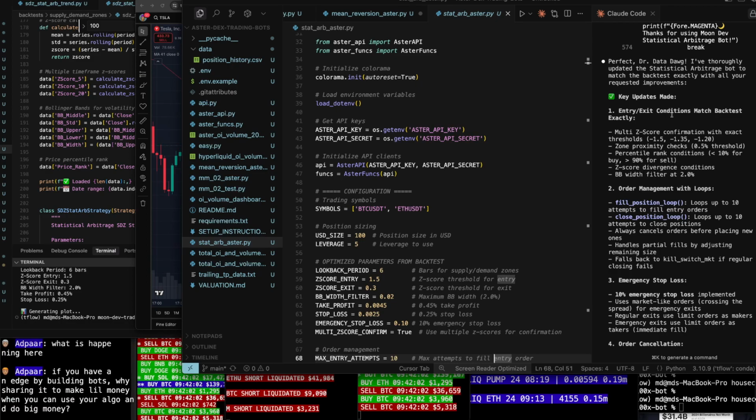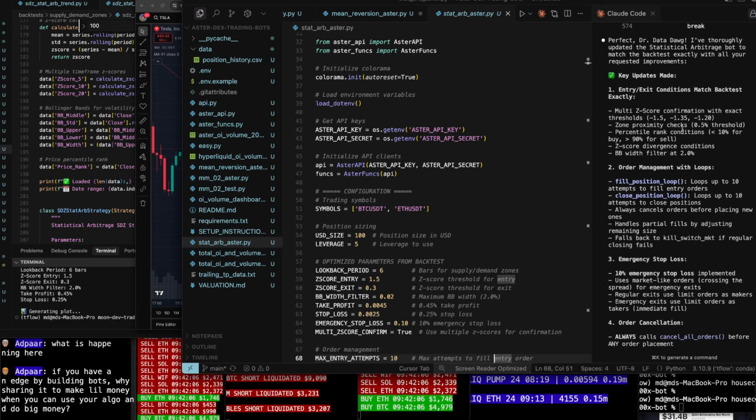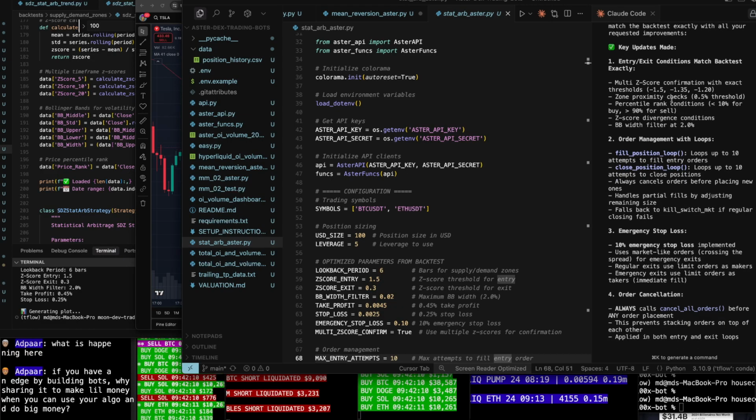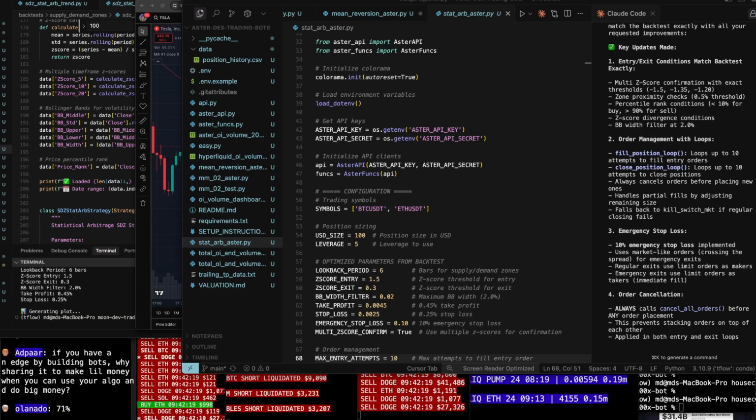Entry and exit conditions match backtest exactly. Multi Z-score confirmation with exact thresholds. Zone proximity checks, 0.5 threshold. Percentile rank conditions. Z-score divergence conditions. BB width filter at 2%.